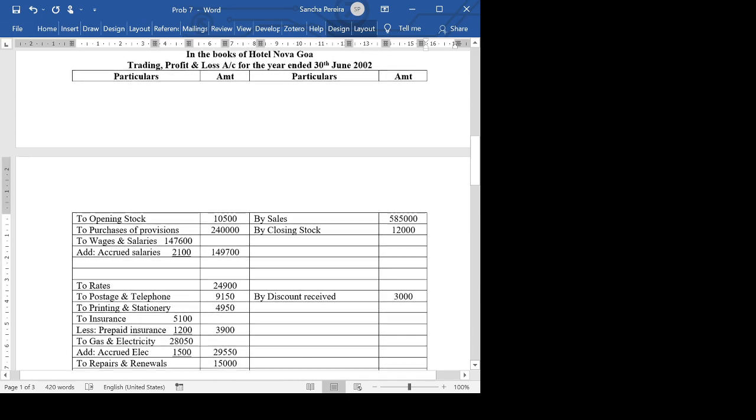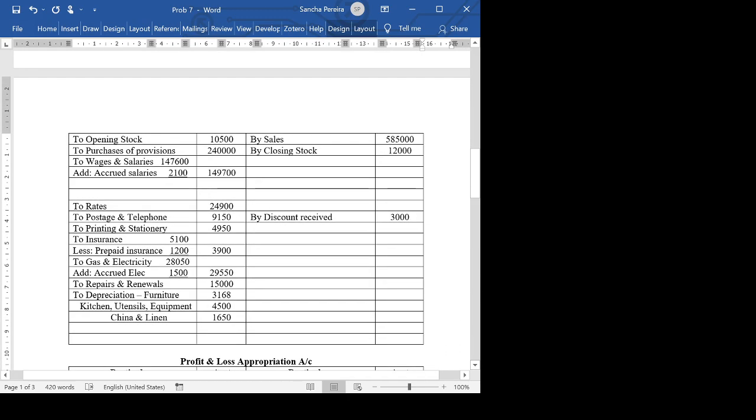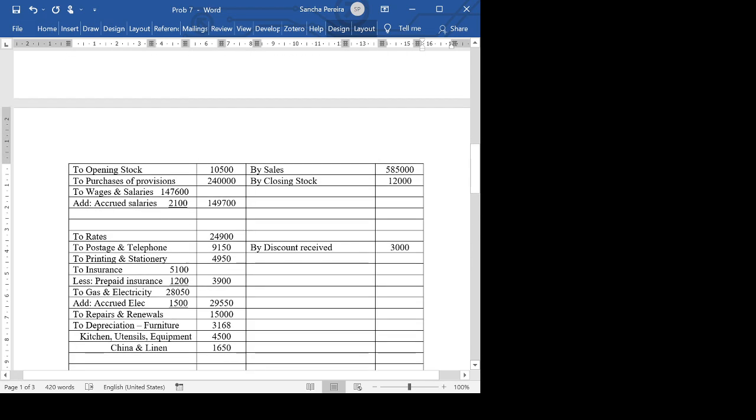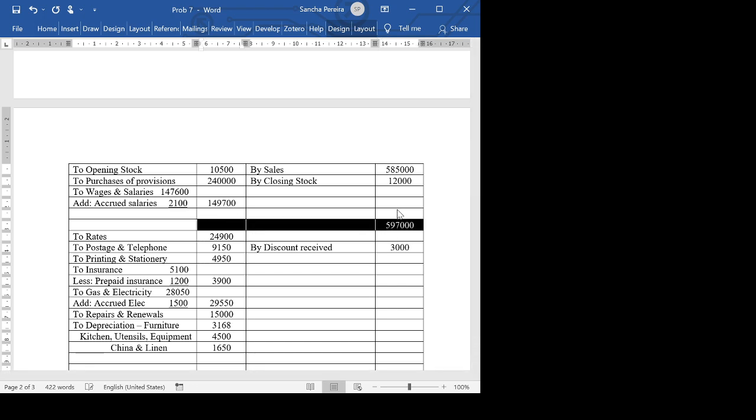To share the profits, we'll have to start closing everything. First we start with the trading account. The total here will come to 5,97,000.